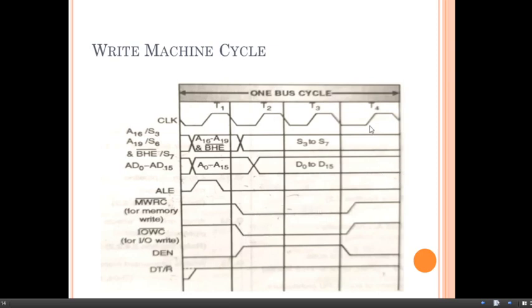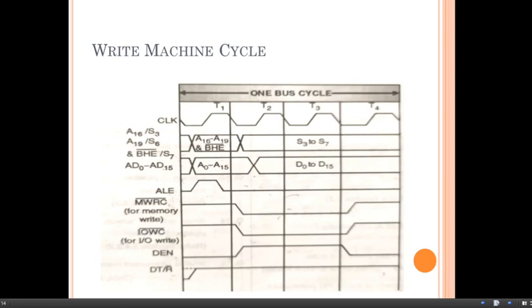Now the 8086 gives some time for the addressed IO port or memory to accept the data which is present on the data bus, and then it will raise this signal back to high. Means this much time period, the T2 and T3 clock cycle time period, is provided to read the data from the data bus for the memory as well as IO, and then these signals are made high.